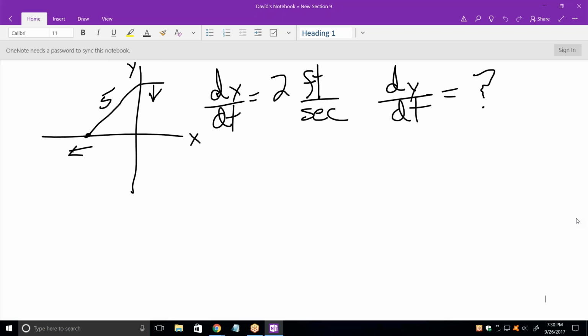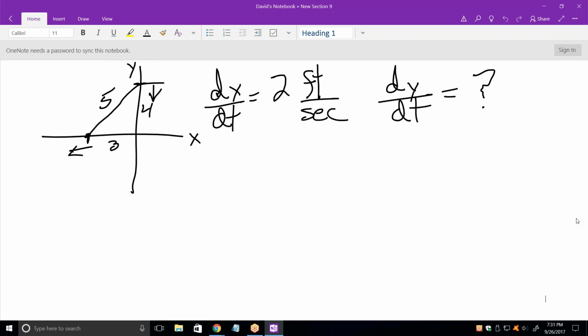It's not always the same. In other words, at a certain moment of time, when that measurement is 3 and when that measurement is 4, that's when we want to know it. In other words, when the x-coordinate is exactly at 3 and the y-coordinate is at 4, what is dy dt?